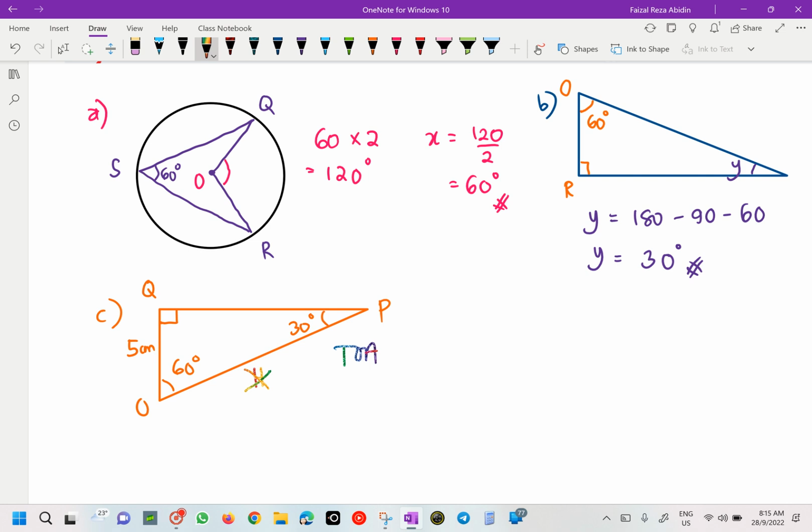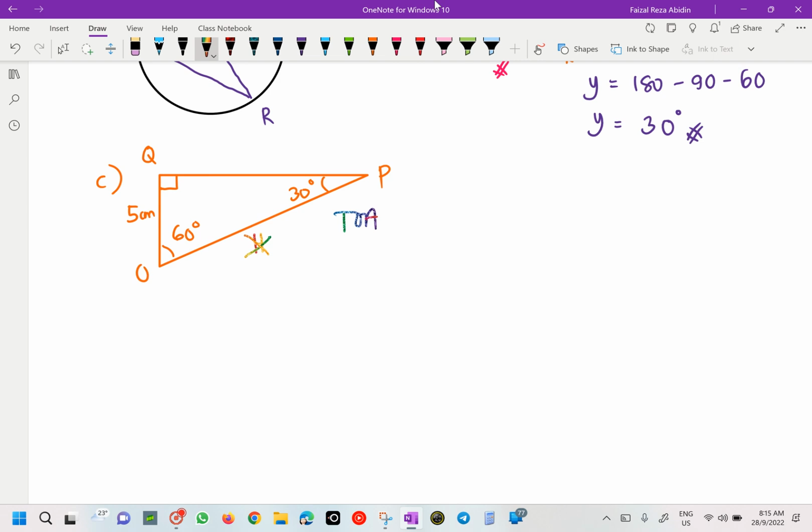So it depends on which angle you are going to take. If you are going to take 30 degree, tangent 30 degree equals to, so opposite for 30 degree is going to be 5 centimeter here. So PQ is going to be our adjacent. Am I right? Okay, so you're going to get 5 over PQ.